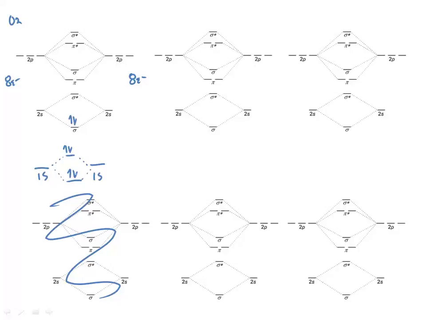So I was at 2, 4, 6, 7, 8, 9, 10, 11, 12, 13, 14, 15, 16. What do you notice about those electrons? They're unpaired in different p orbitals. Therefore, that means that it's paramagnetic.